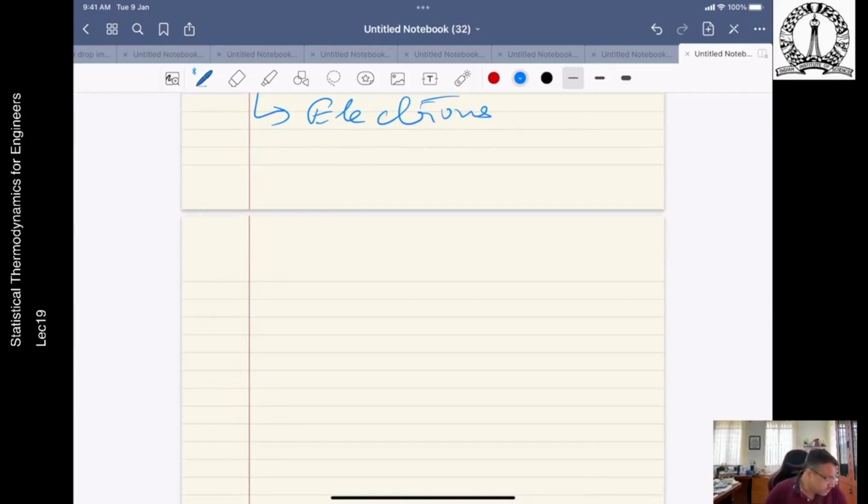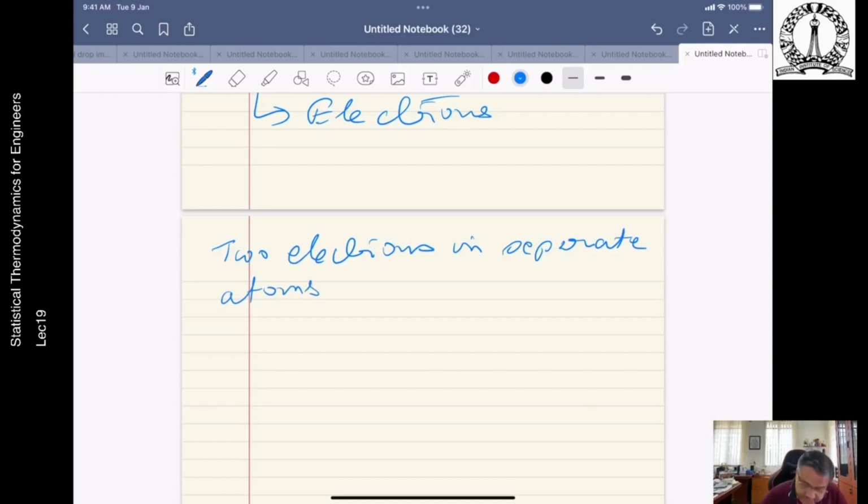So for example, the two particles must belong to the same multi-particle system. That means two electrons in separate atoms do not count. Electrons in separate atoms can be in the same quantum state.